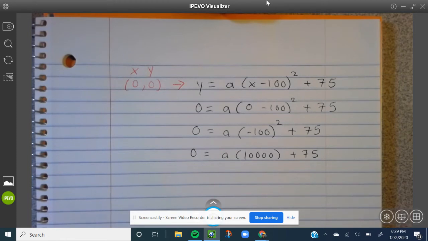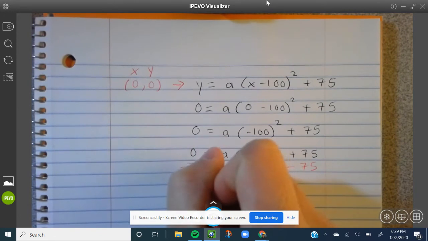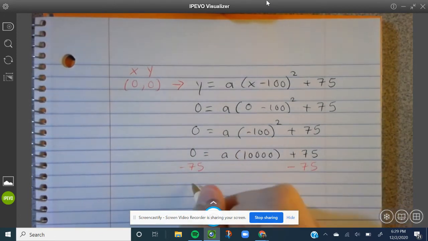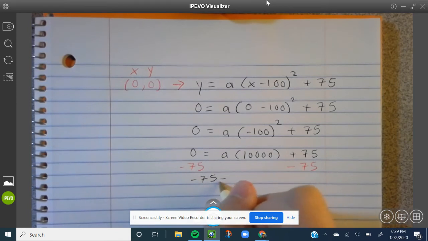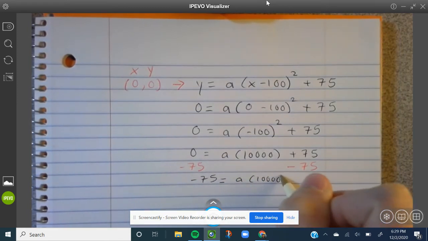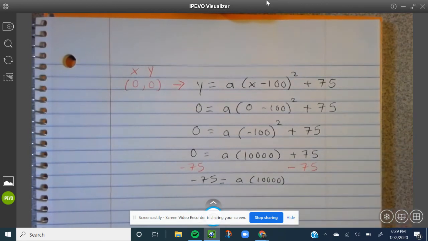And then from here, you can subtract 75 on both sides, right? So this is solving from IM1 because I want to ultimately get A by itself. So I subtracted the 75 to cancel out this plus 75.